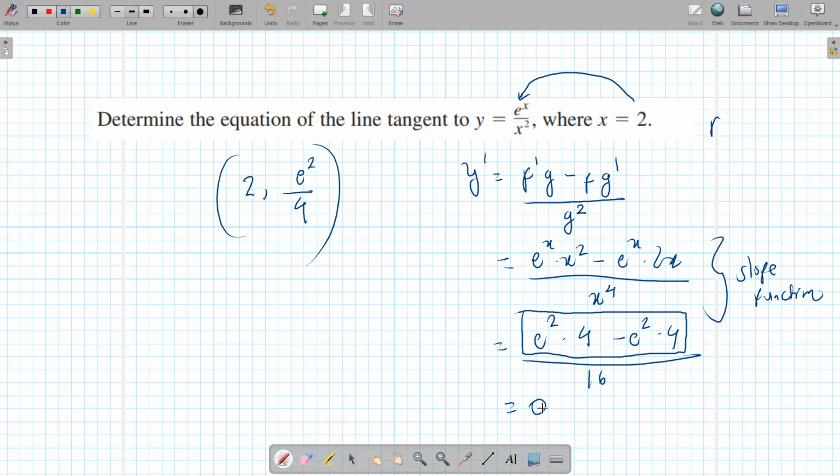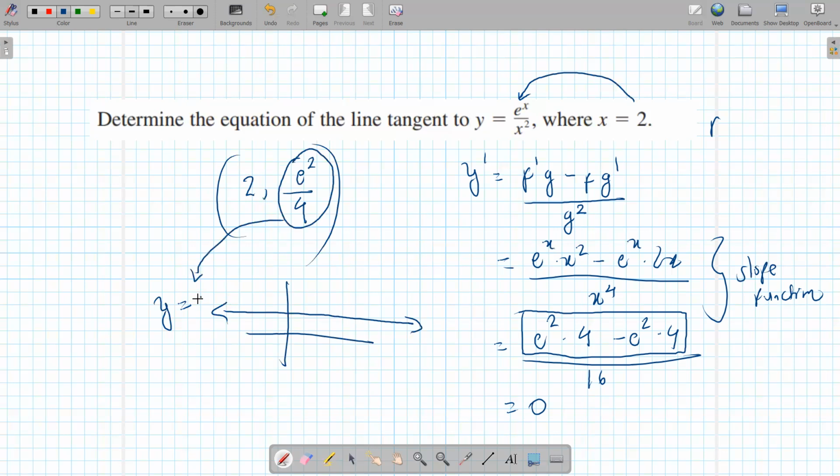If the slope is 0, remember, if the slope is 0, it's a straight line. It's a horizontal line. It doesn't have any slope. It's just going to be y equals to whatever the intercept is. Y equals to e squared over 4. Okay?